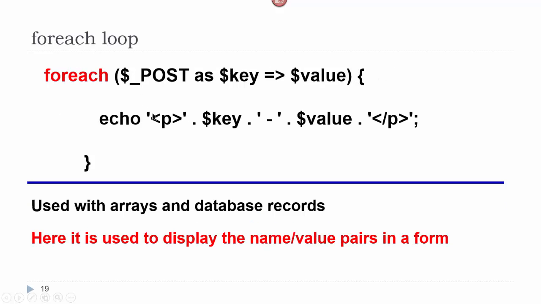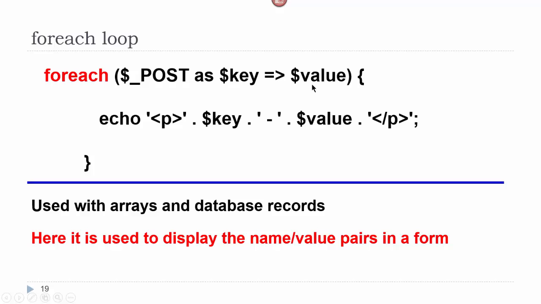A foreach loop is commonly used with arrays, also used to loop through database records. And in the example that I have here, we are using it to display the name-value pairs in our form with the $_POST array. So here we have foreach. This is our array, as $key is to $value.